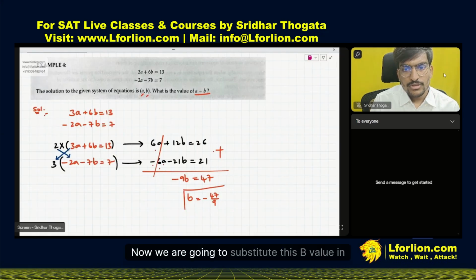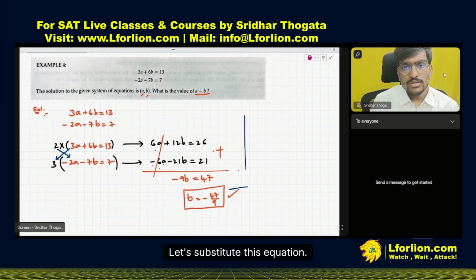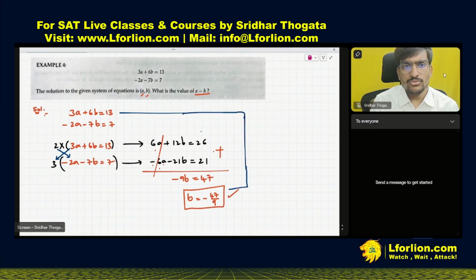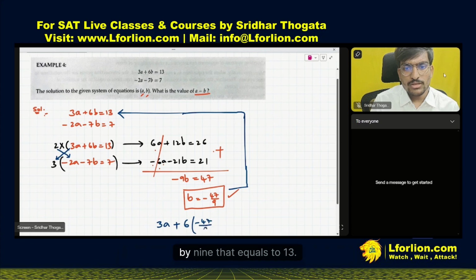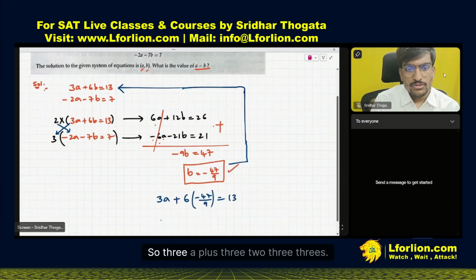Now we are going to substitute this b value in an equation to get the a value. I'm going to substitute in any equation. You can substitute in 1 or 2. So I'll just substitute in this. So 3 into a plus 6 into negative 47 divided by 9 equals 13. So 3a plus 3 2's are 6, 3 3's are 9.